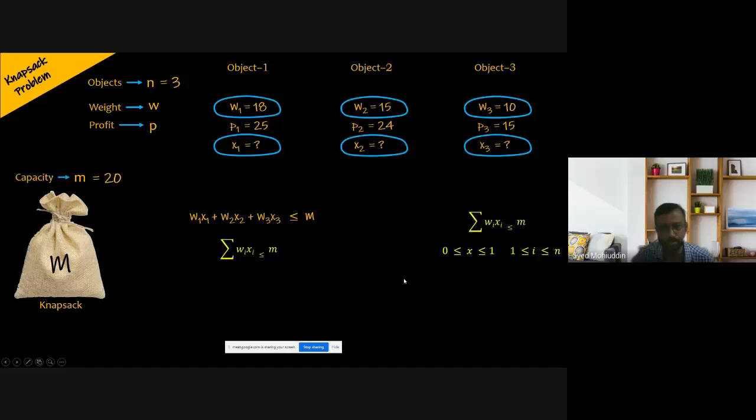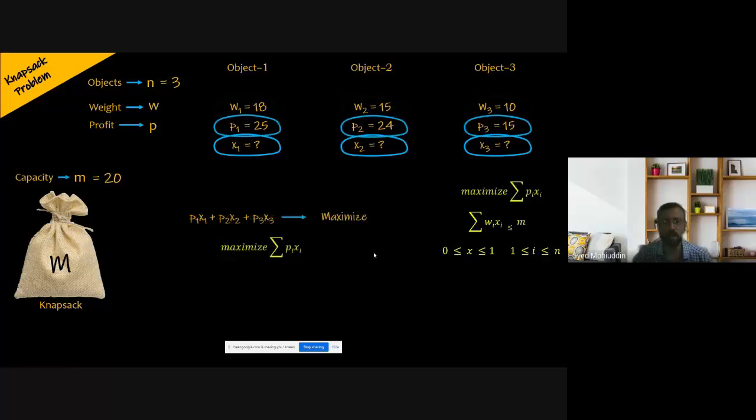Now, what is the profit earned? Profit earned would be, instead of the fraction multiplying with the weight, we have to multiply the fraction with the profit, because that much profit will be earned. So P1 X1 plus P2 X2 plus P3 X3 will give us the total profit.